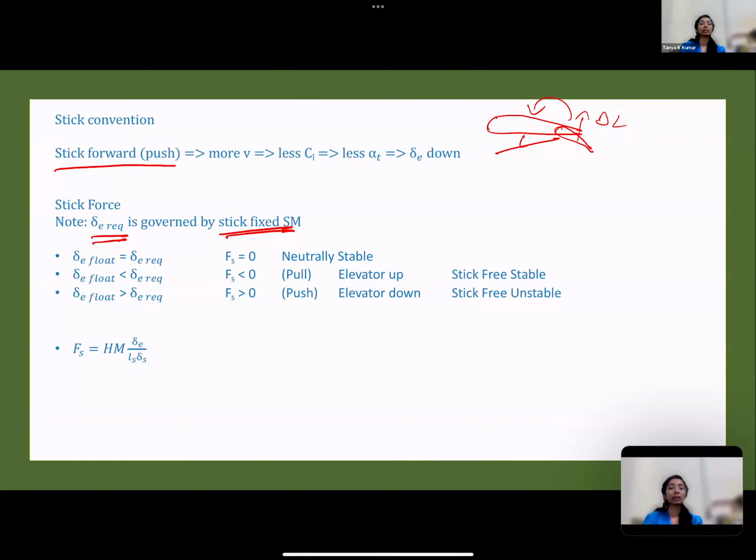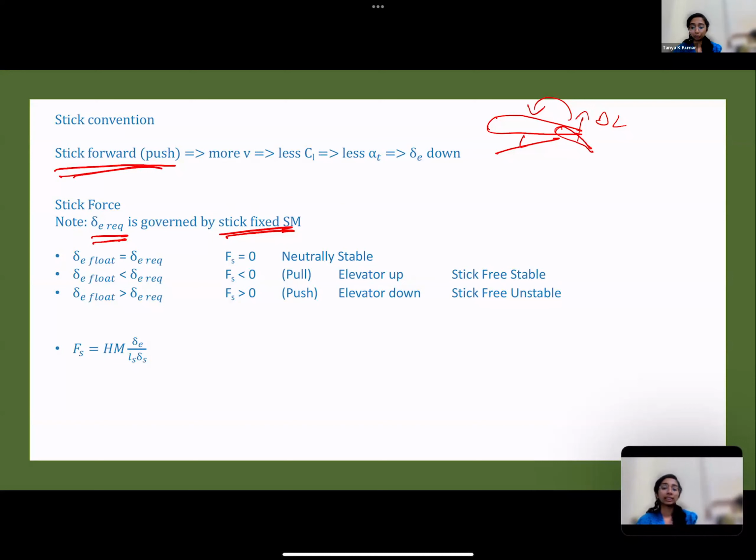You need to pull your stick, the elevator is deflected upwards, and the delta E float matches up to the delta E required. Reverse is the condition for when the delta E float is greater than the required angle. So these are the three conditions that sir discussed in the class.